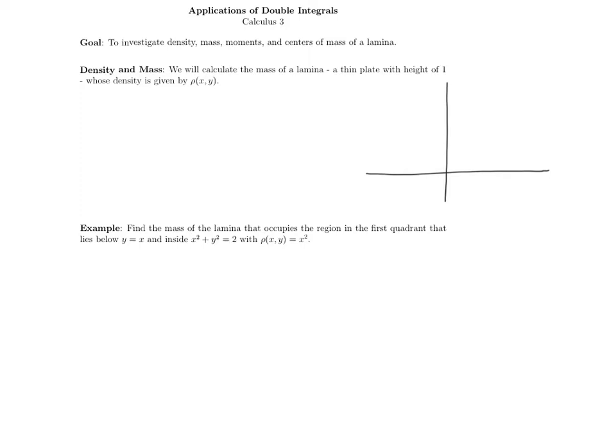So in the xy plane, I'm thinking of some region D, which is representing our lamina. And the idea is that it has height 1. And what we would like to do is determine the mass from a function representing its density.